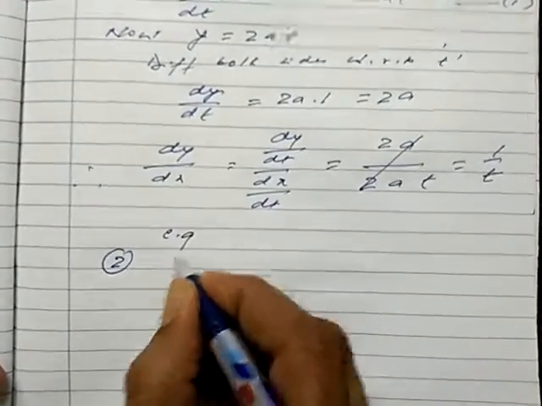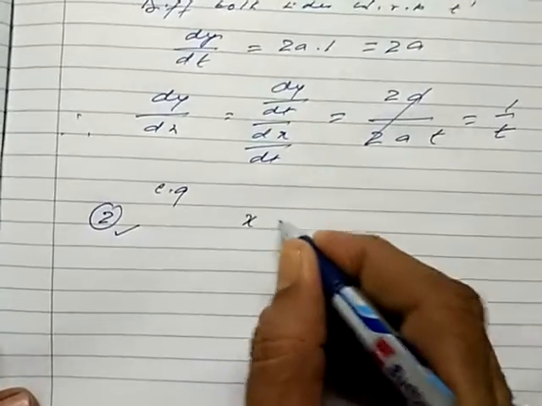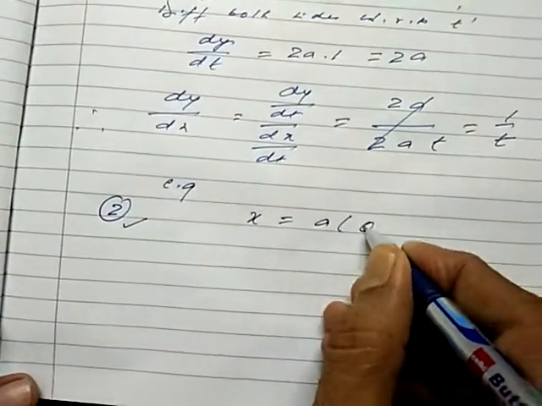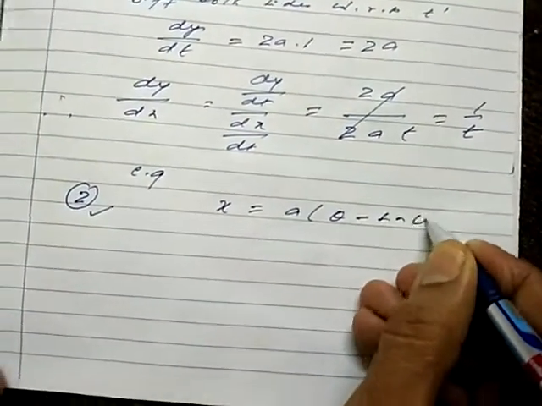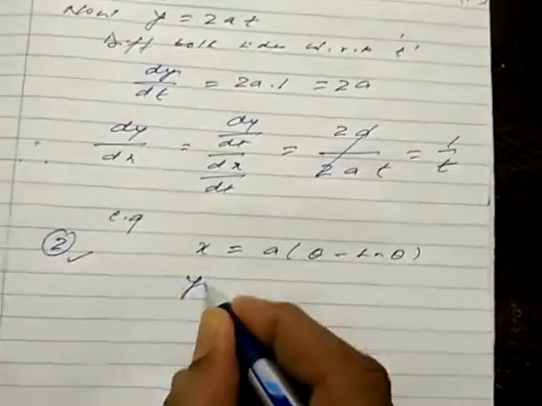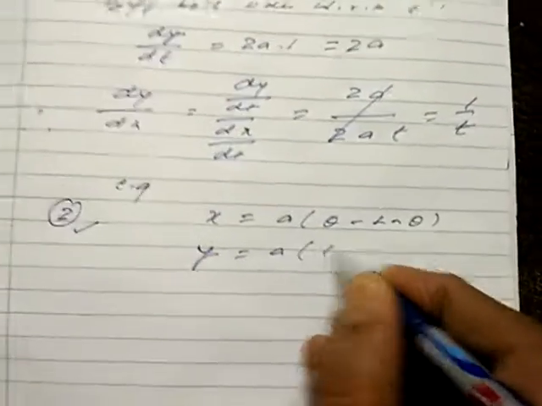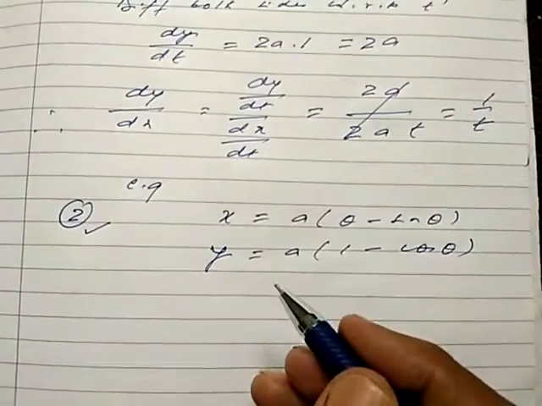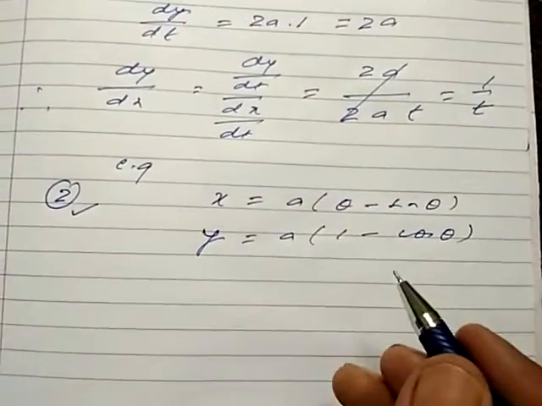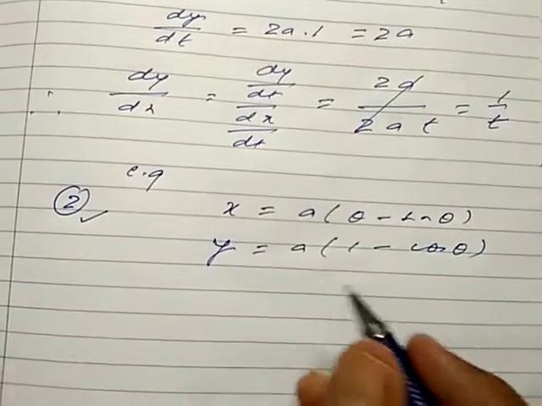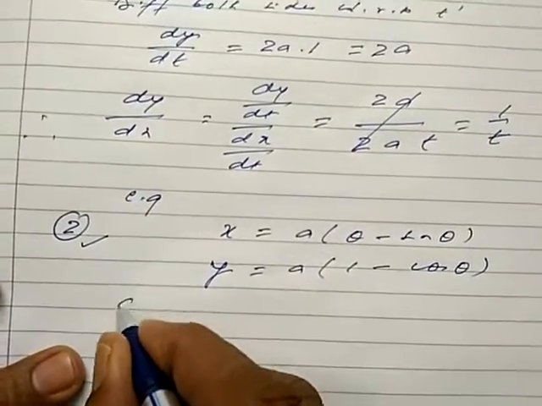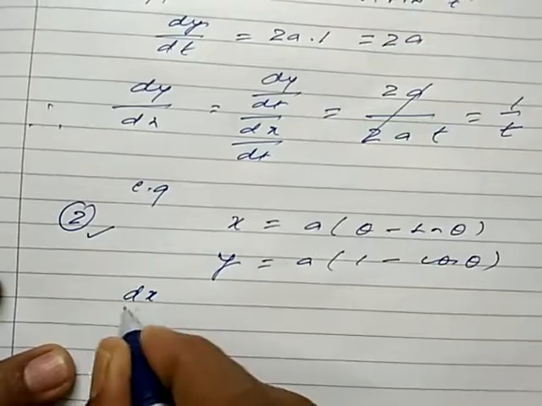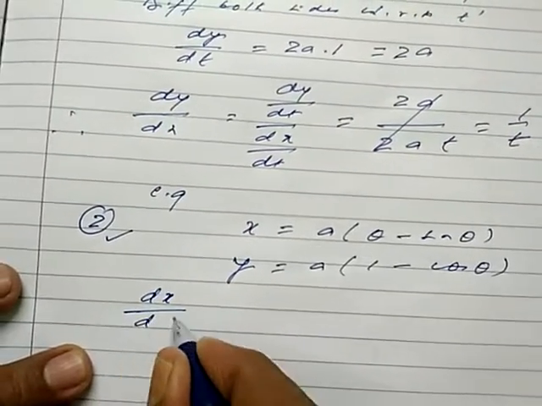Example second. x is equal to a(theta minus sine theta), y is equal to a(1 minus cos theta). Here again we have a representation of x and y in terms of the third variable, that is theta. What will we do first? First we will differentiate x, dx by d theta.